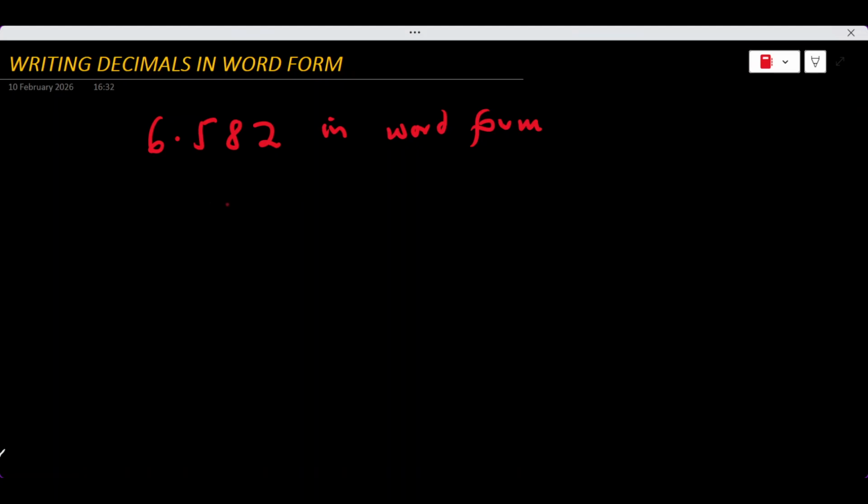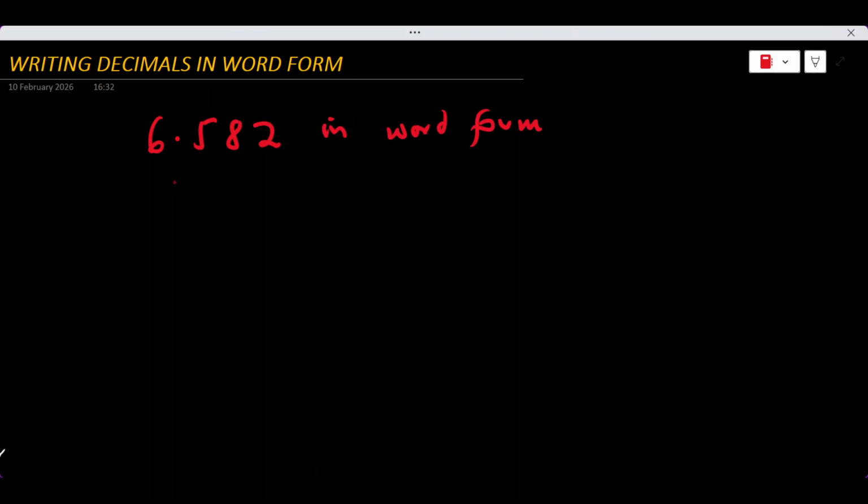So today we were able to look at how to write decimals in word form, and we followed some rules, which say what? The first rule says say the whole number. So the first thing is to say the whole number, and then use "and" for the decimal point, and then you read the decimal part as one whole number, and then you use the place value of the last digit only.